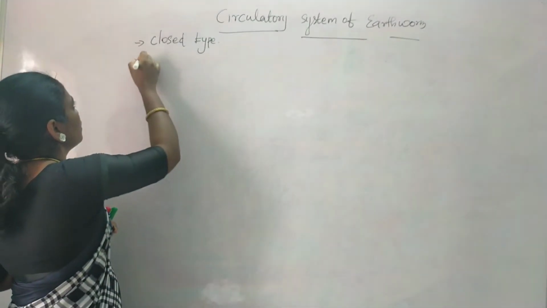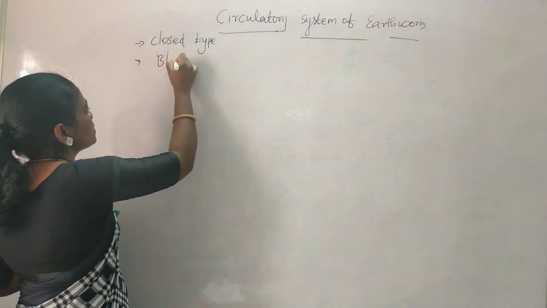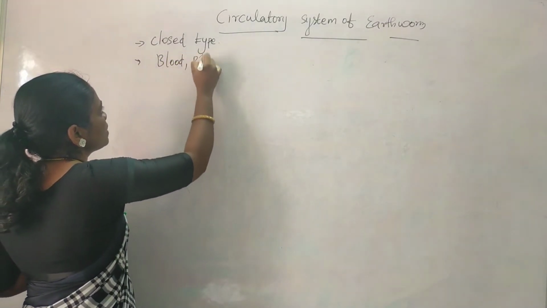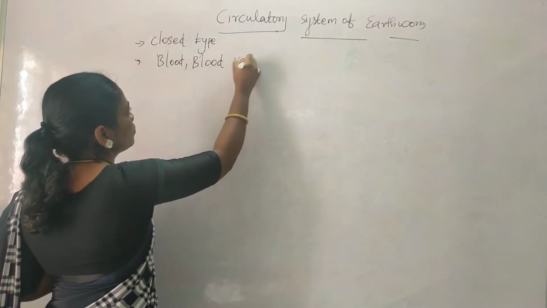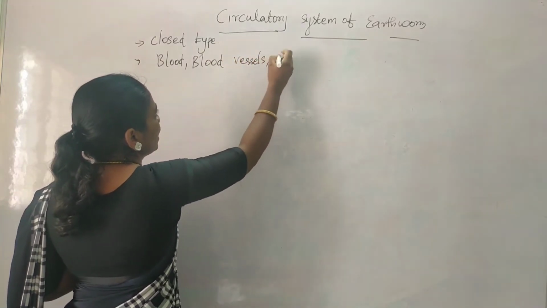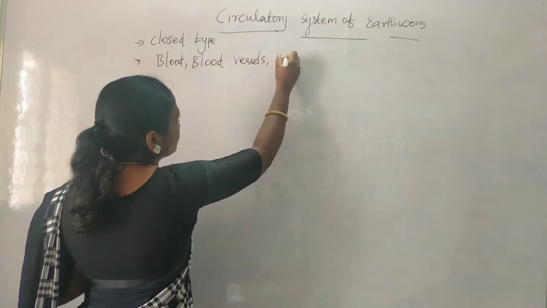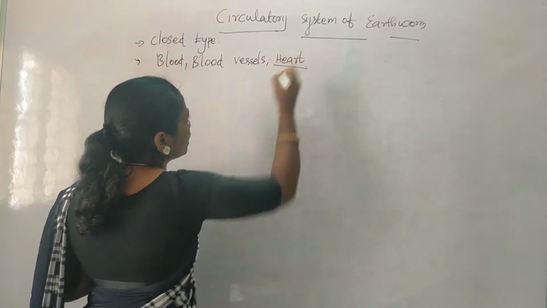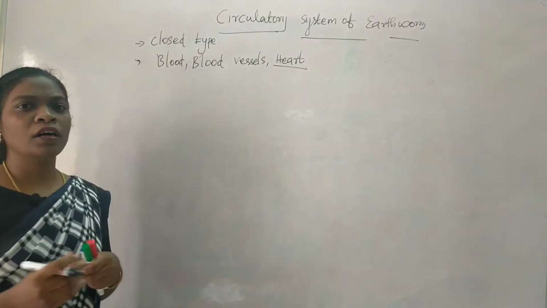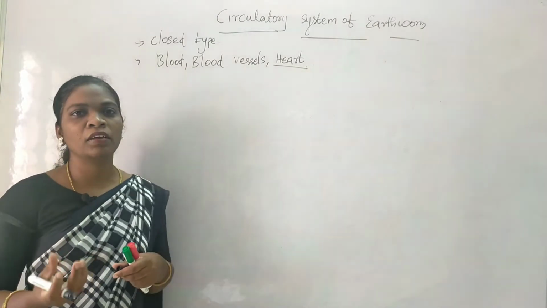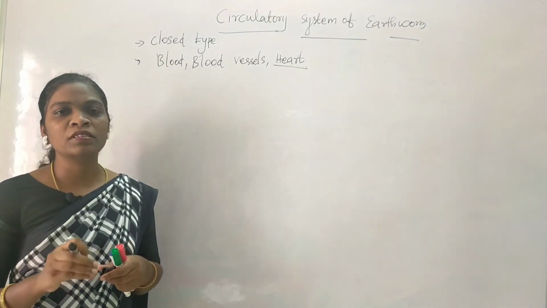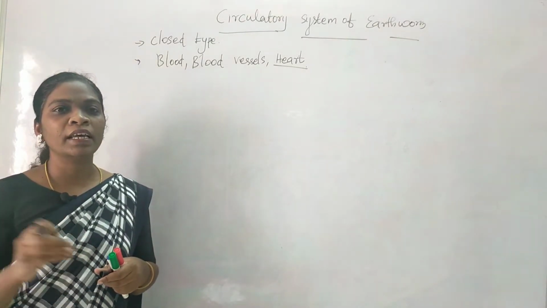Then it contains blood cells. It also contains blood vessels. And it has heart. They don't have a proper structure like human heart, but there are some structures inside the earthworm that act like heart.